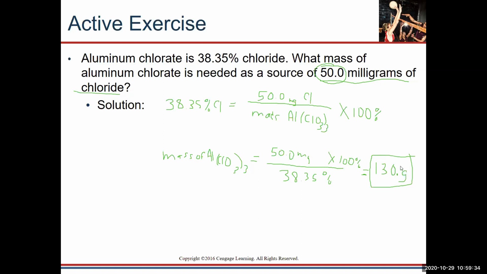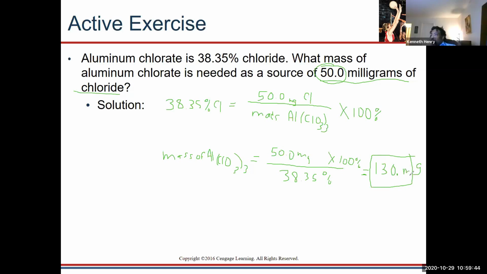So why was it we switched 38.35% with the mass of aluminum chlorate? Because that's what we're trying to calculate, right? We want the mass. So when you have an equal sign, you cross multiply. Basically I multiplied this side by the mass of aluminum chlorate, and then I multiplied that to the other side of the equal sign.